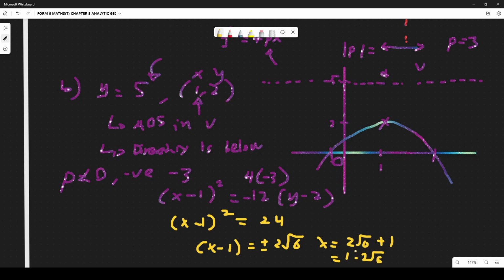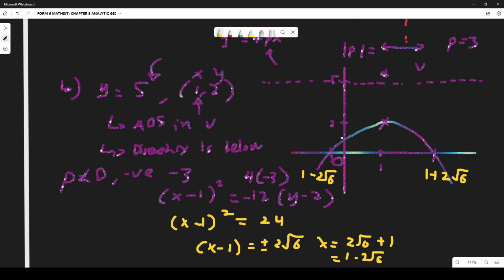Since we are positive, it's most likely going to be here. So this I can say 1 plus 266. You can give this in decimal also, up to you, but I'll just leave it like this. The surd form looks nicer and neater. And this will be 1 minus 266.